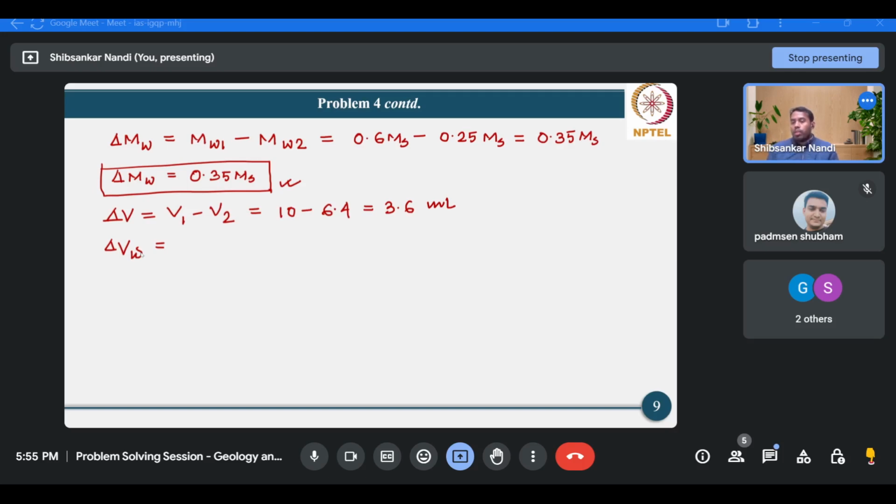Whatever reduction is occurring in the total volume, will that be solely contributed by the reduction in the volume of water or not? What do you think?